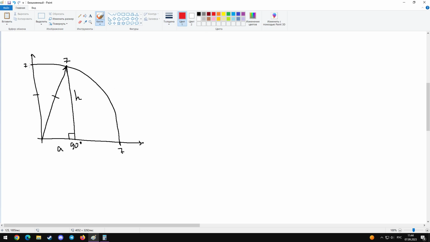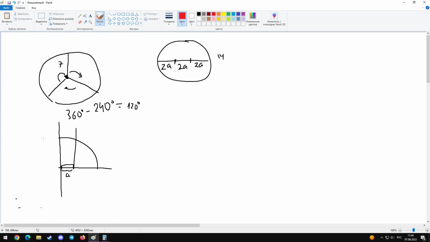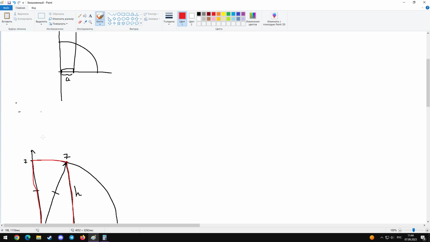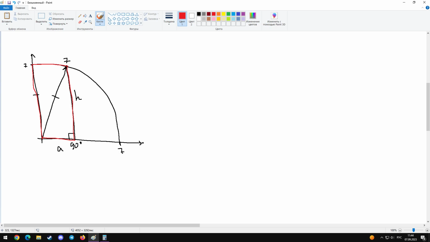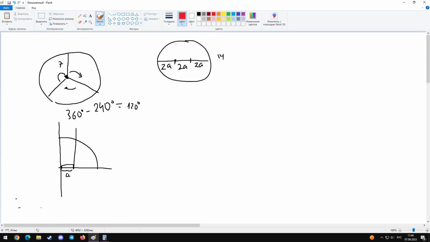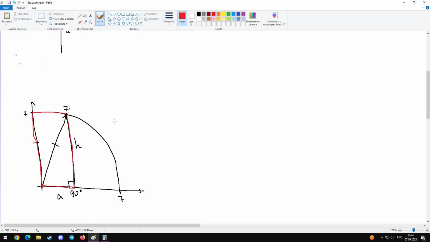So we know that the area of this figure equals a quarter of the area of the central part, and the central part is 1/3 of the area of the whole pizza, of the whole circle.